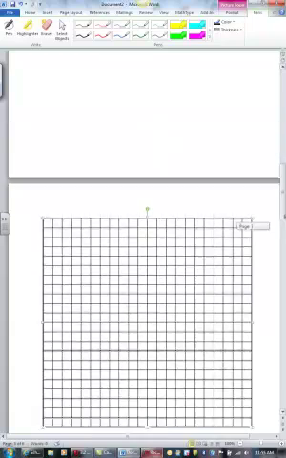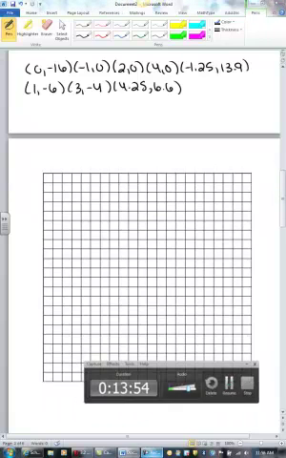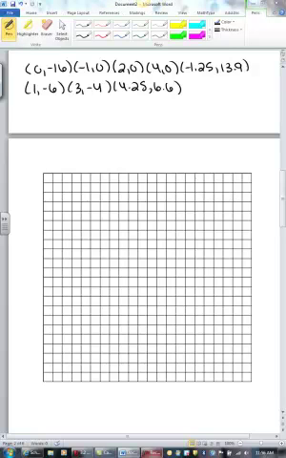The first thing I need to do is put on my axes. We're going to go through and plot our points. So we have (0, -16).